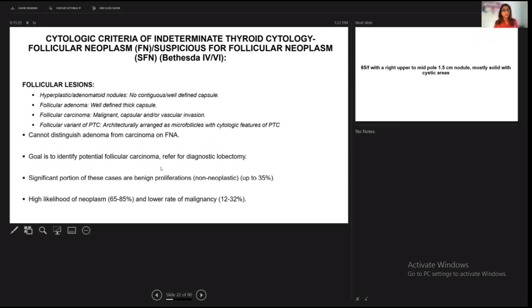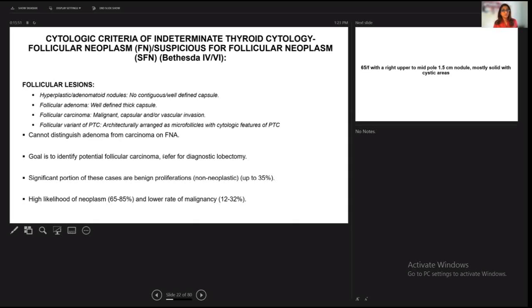So moving on to follicular neoplasm, suspicious for follicular neoplasm category, which is the Bethesda 4. This category is specifically for lesions that are follicular, so follicular pattern lesions. And what are those? Those are hyperplastic or adenomatoid nodules, follicular adenomas, which we only know based on the well-defined thick capsule, follicular carcinomas, which tend to be malignant and show either capsular or vascular invasion.